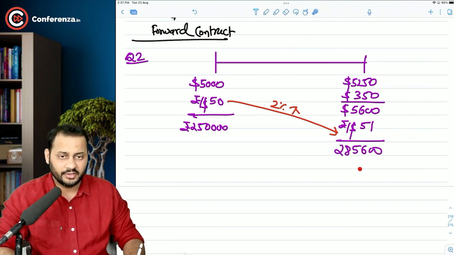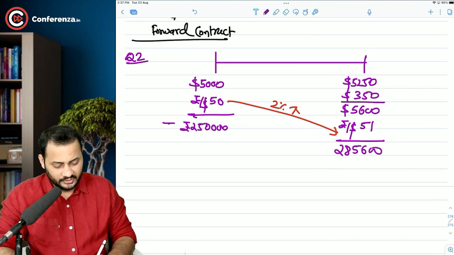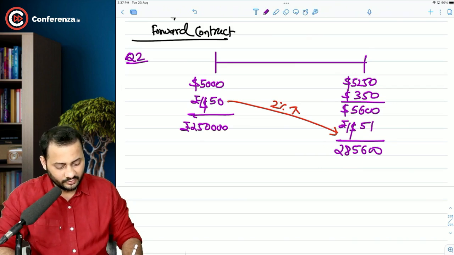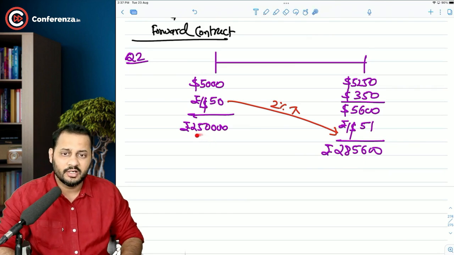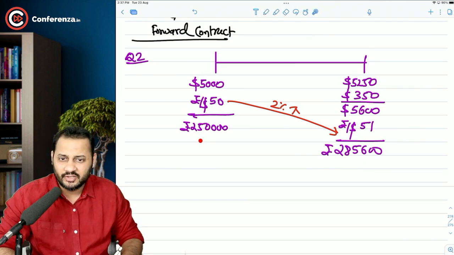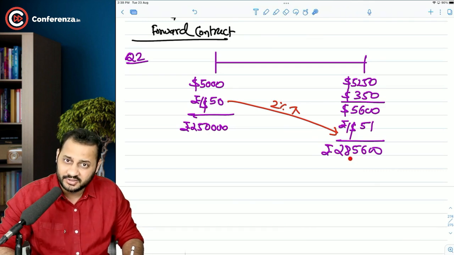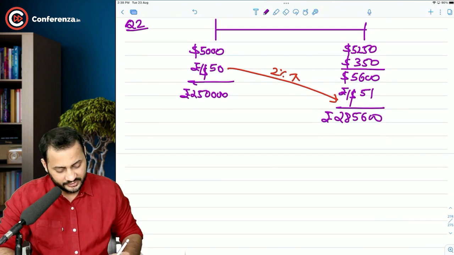That's 51. So if you convert that now, 5,600 into 51, it comes to 285,600. Now we can calculate the return in terms of rupees by taking rupees in the numerator and denominator. The investment value was 2,50,000 and the redemption value is 285,600, including capital appreciation and interest as well. So can we do the calculation? Yes, sir.